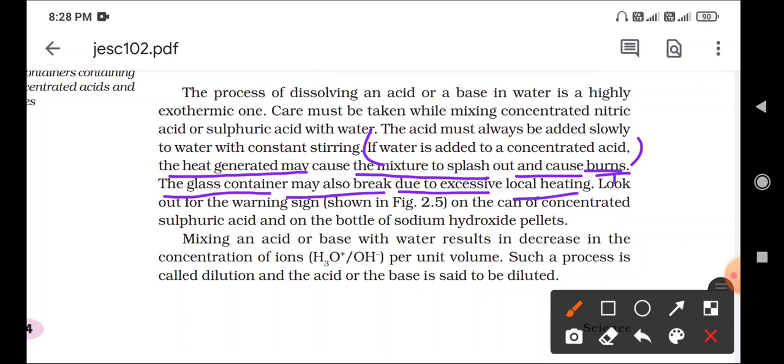This is the answer for this very important question. So if asked why water is not added to the concentrated acid, write that the heat generated may cause the mixture to splash out and cause burns.